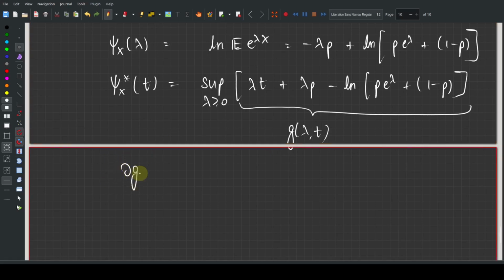So once again, I can take the partial derivative with respect to lambda and set it equal to 0. What do I get?